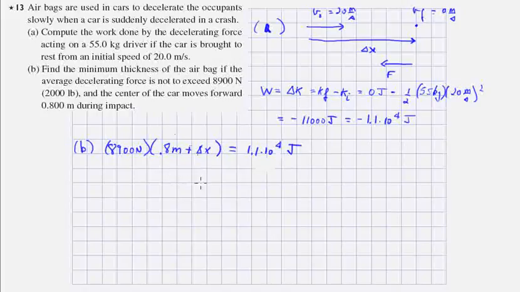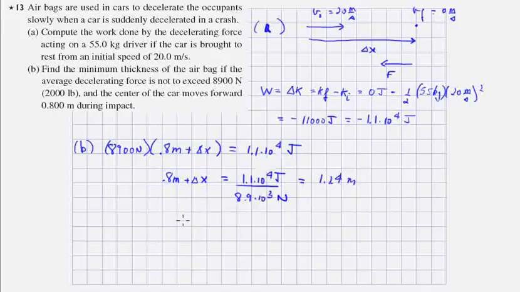And so I can now solve this equation. 0.8 meters plus delta x is equal to 1.1 times 10 to the 4 joules divided by 8.9 times 10 to the 3 newtons. That turns out to be 1.236, 1.24, let's call that, meters.